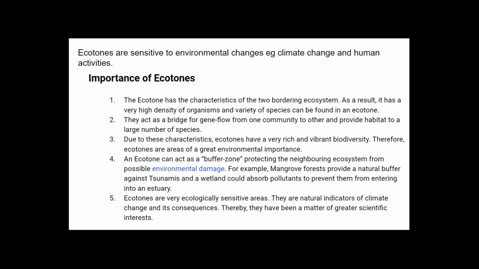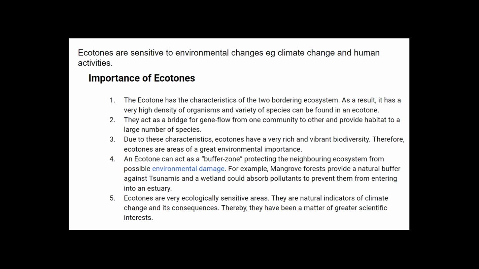And an ecotone can act as a buffer zone. You can think of a mangrove forest, protecting neighbouring ecosystems from possible environmental damage. For example, mangrove forests provide a natural buffer against tsunamis and, for that matter, hurricane damage, because hurricanes cause a rising of waves and so on as well.